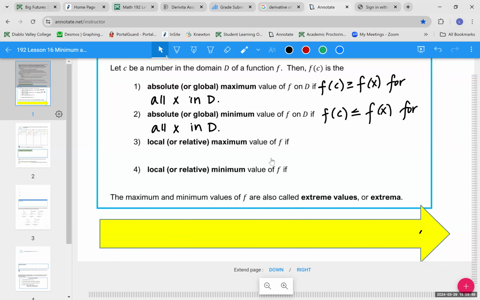But then we also have another option, which is what we call a relative or local max. And so that has the same quality. The y value f of c is going to be greater than or equal to f of x. But now we're no longer requiring it to be that way for every single x in the domain, but just on some interval, we'll call it (a, b), that contains c.